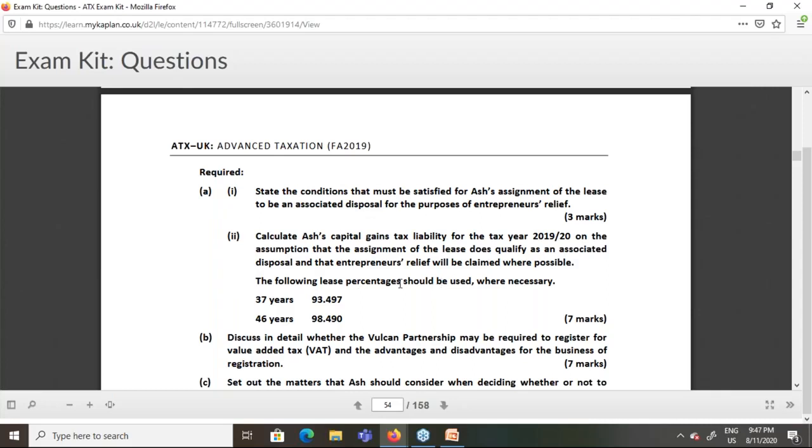The following lease percentages should be used where necessary. For 46 years, this is to calculate the chargeable gain that arises from the disposal of the lease right.